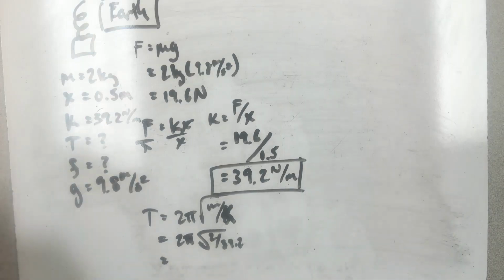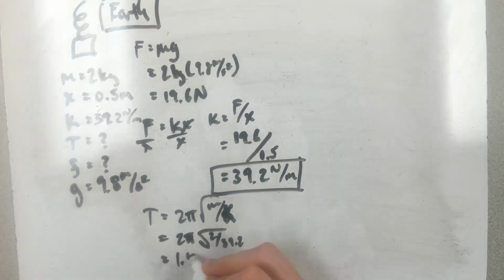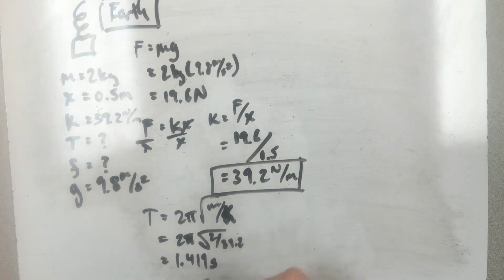So square root that times 2 times pi. So our period ends up being 1.419 seconds.